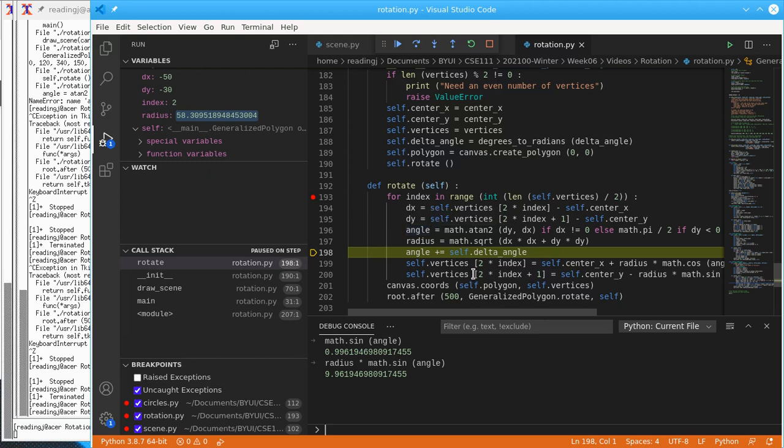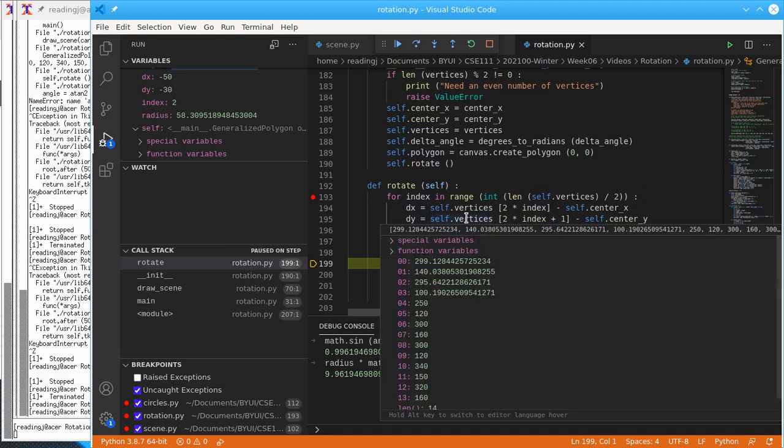Angle plus equals... Wait, why is it negative 2.5? Oh, alright. Yeah, I can picture that.